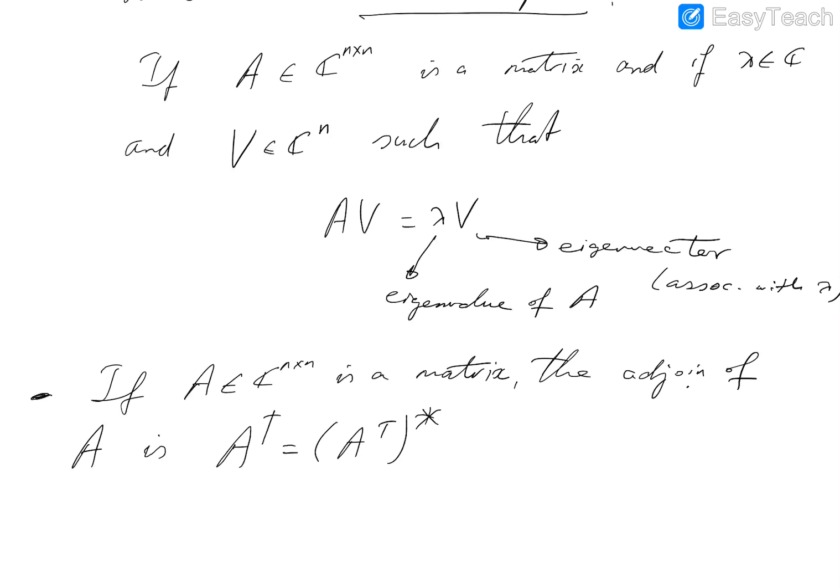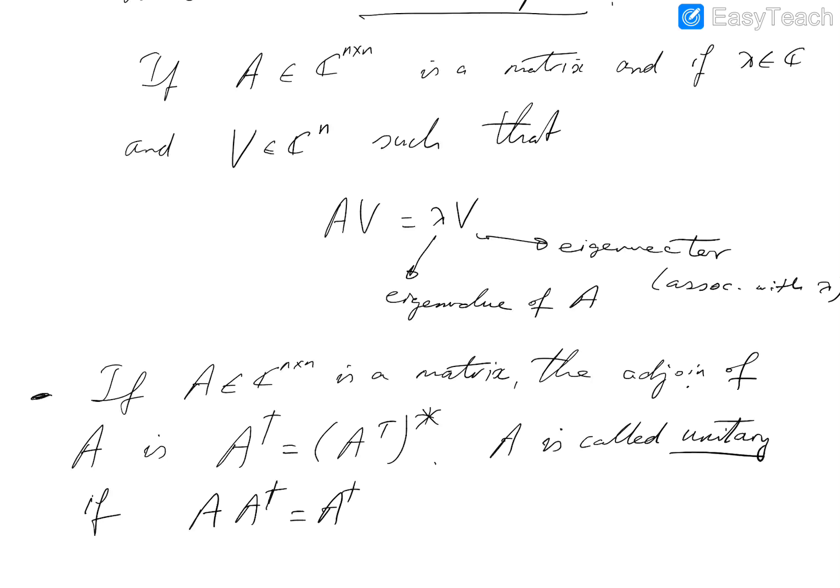Okay, and A is called unitary if the multiplication of A and A dagger is commutative and it's equal to the identity matrix of dimension n.